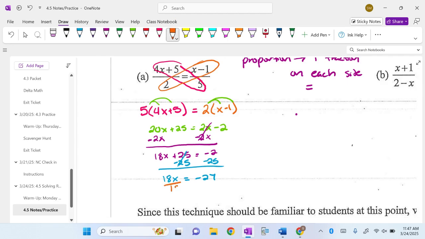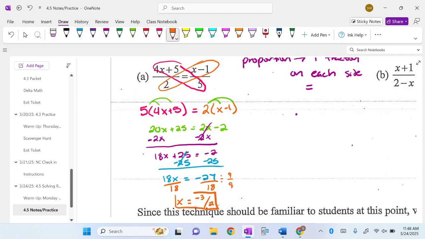Divide by 18. Now, this would not give us a nice whole number, but we can simplify that fraction. What does that fraction simplify down to? Yes, it is 3 over 2. We can divide both the top and the bottom by 9. So this would be negative 3 over 2.